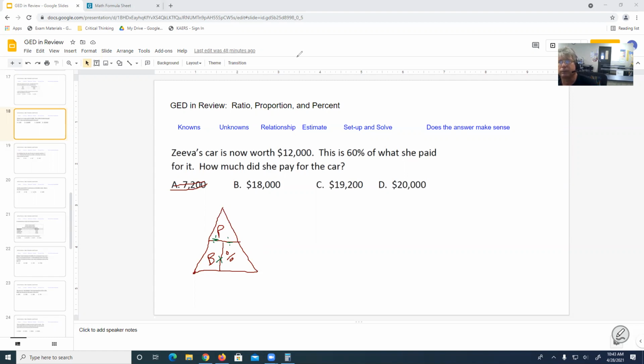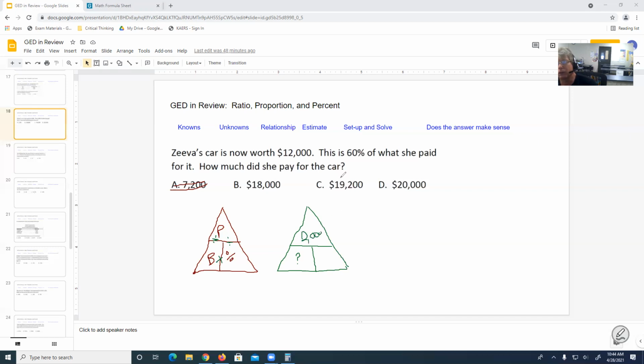So in our problem, when I draw my triangle, what I got to figure out is what are the knowns and unknowns. Well, the 12,000 is actually what it's worth now, which means it's worth only part of the price that it initially was. So what we're really missing is the initial price, which would be the base price. So the 12,000 must be the portion, the part that is worth now.